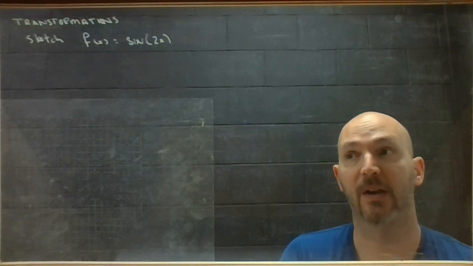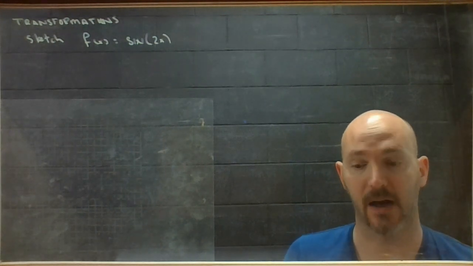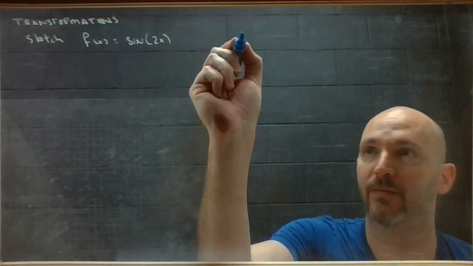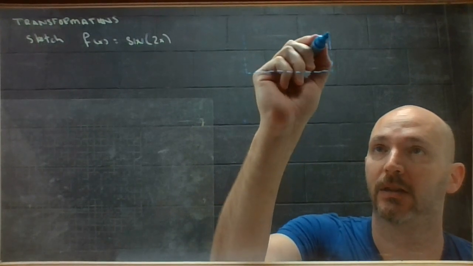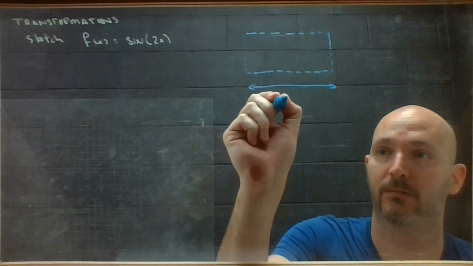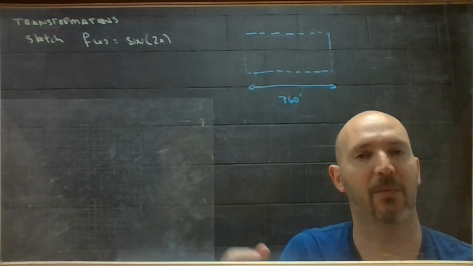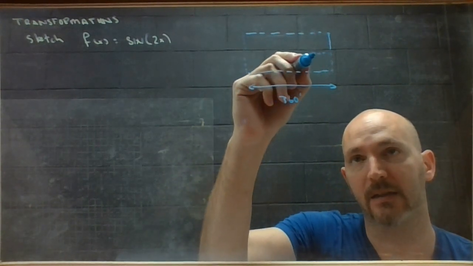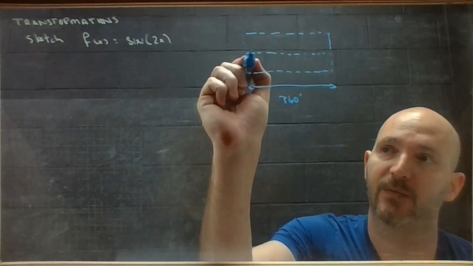To sketch a transformed sine function, we're going to have to work with the sine pattern a little bit. So a sine pattern fits inside of a box that is 360 degrees long. It's a full cycle. It's like a trip all the way around a circle. That box has a midline. And your sine function fits in it like this.